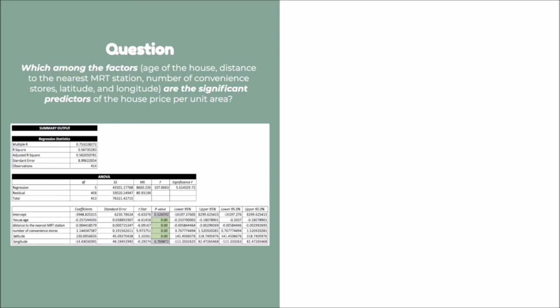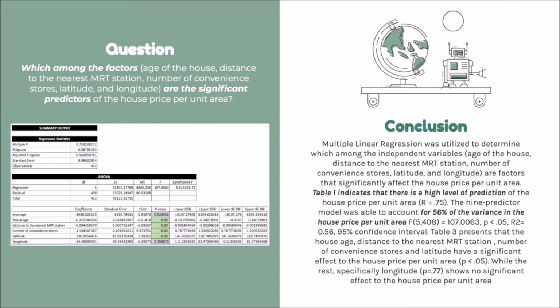Now that we were able to analyze the data as well as perform the statistical test, we can now analyze the data which was generated from the table. In the efforts of answering the question, we will form a conclusion. So here's what we were able to formulate. Multiple linear regression was utilized in order to determine which among the independent variables, specifically age of the house, distance to the nearest MRT station, number of convenience stores, latitude, and longitude, are factors that significantly affect the house prices per unit area.